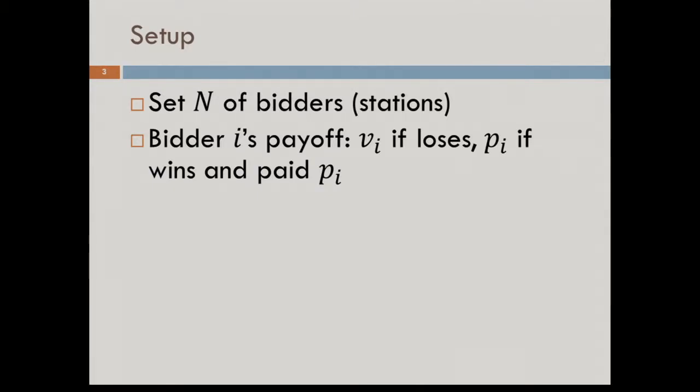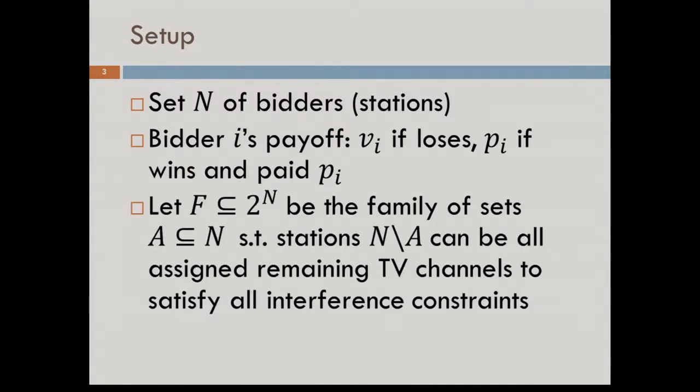In our case, the losers are the ones who remain broadcasting, and v_i is their value from broadcasting. If they win, they get to sell, and instead of enjoying value v_i, they just get a payment p_i from the auctioneer.